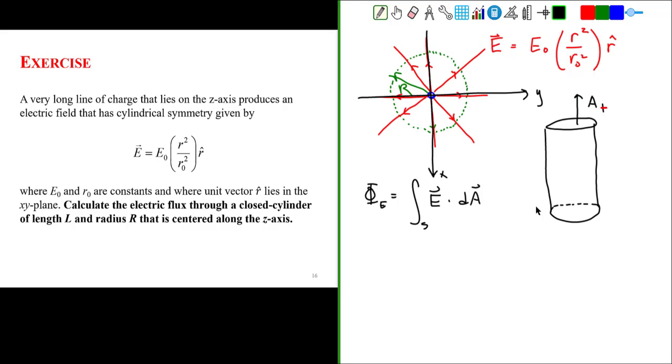I'll call that the area of the top. The bottom has a certain area that is the same as the area of the top. I'll just abbreviate these as A sub t and A sub b for the area of the top and the area of the bottom.